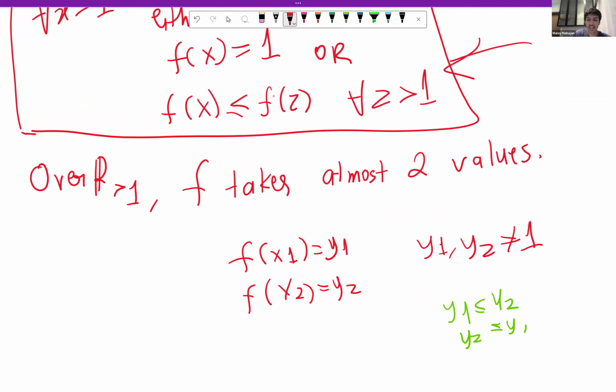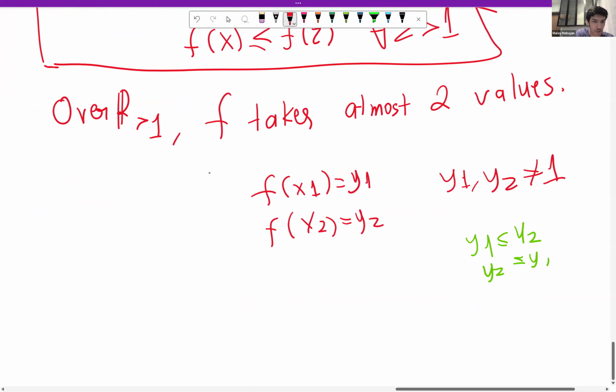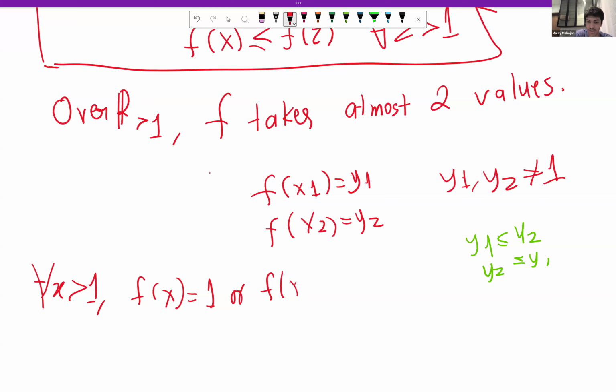So for all x bigger than 1, f(x) is 1 or f(x) is a constant, I'll just call it r. And remember, r is going to be less than 1. Just to check if people are alive, why is r less than 1?